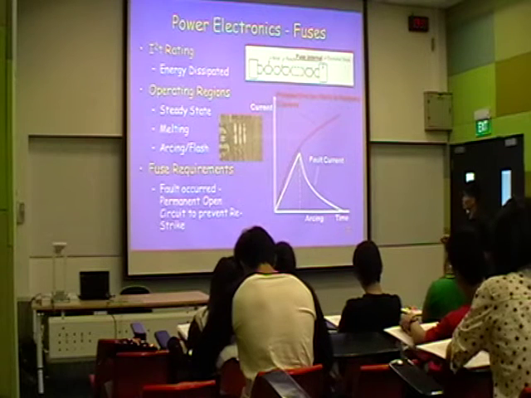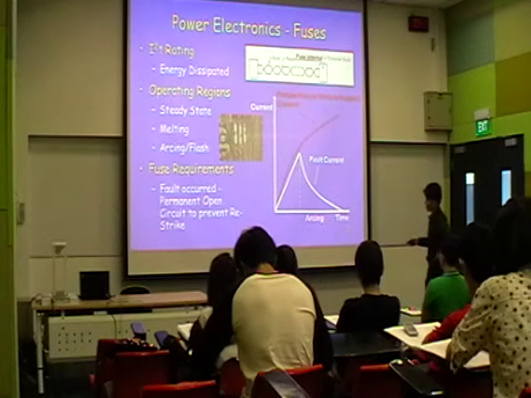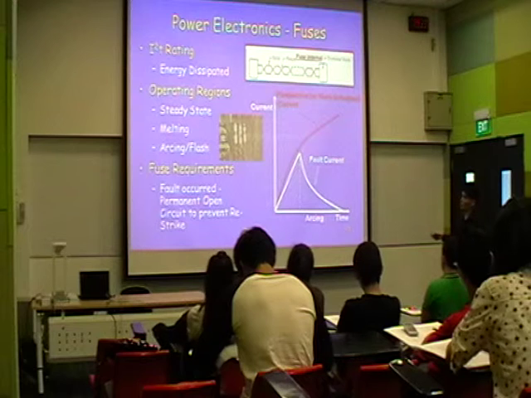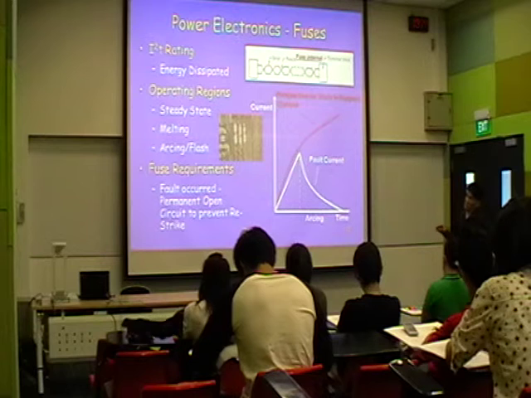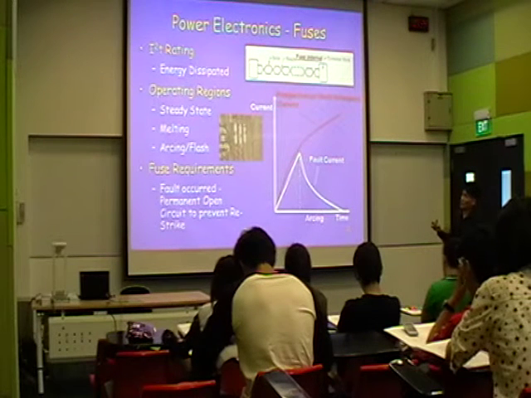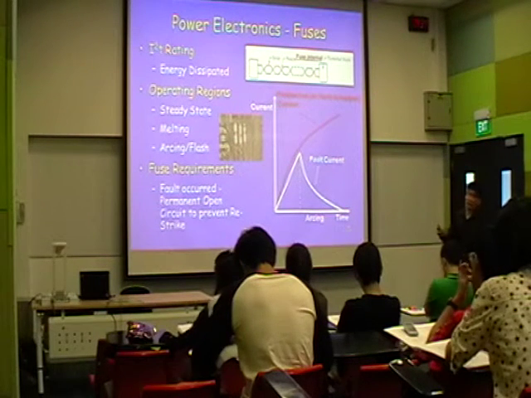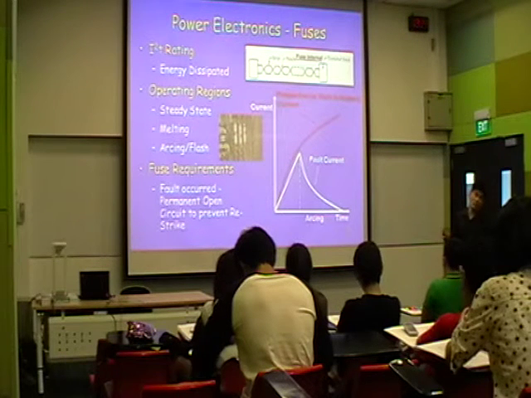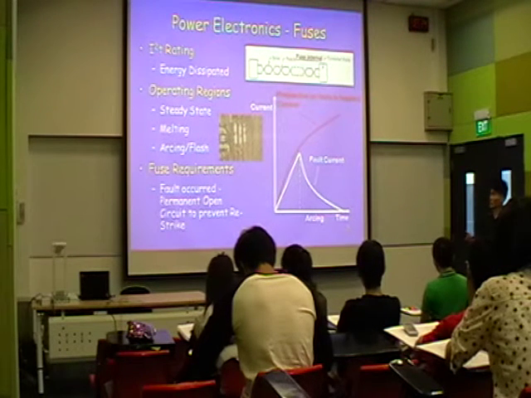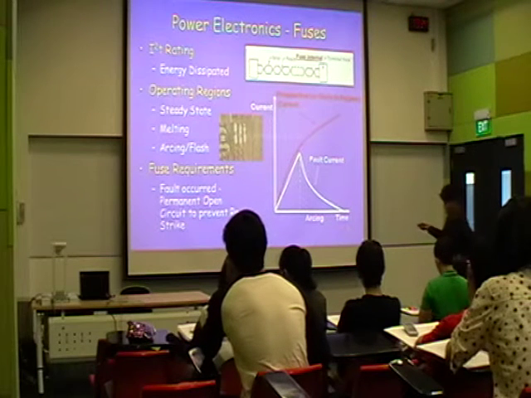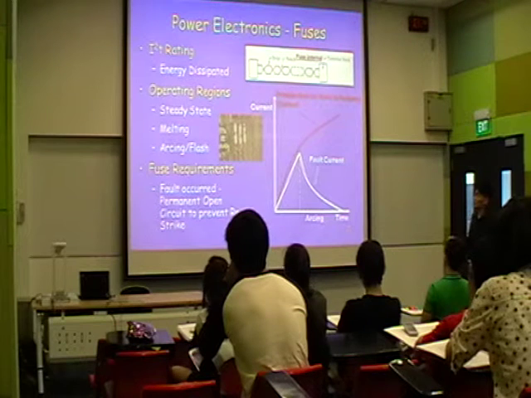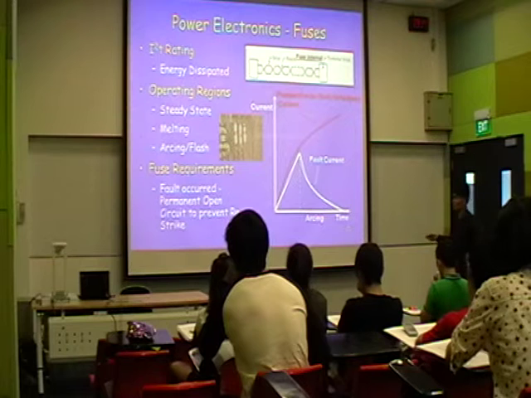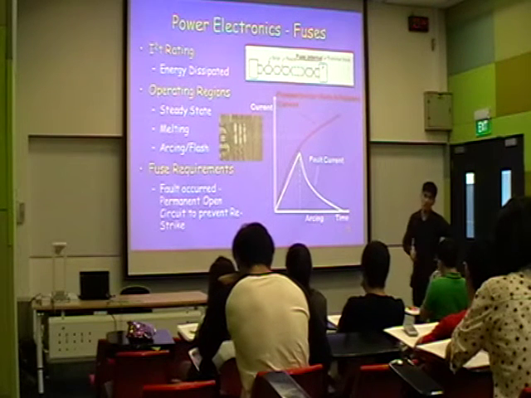When there's a fault current or a short circuit, meaning some connection is exposed or connected directly to the ground, this is what we call a short circuit. You will see that the current is very high and then suddenly goes to zero. That is the kind of response you will see.